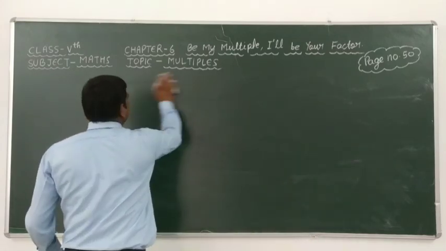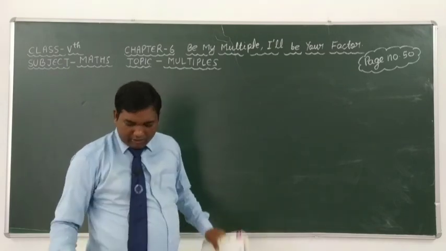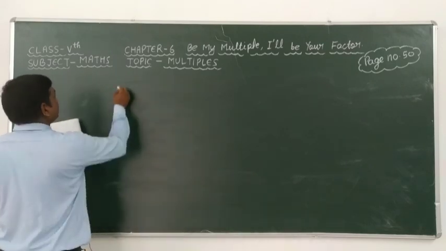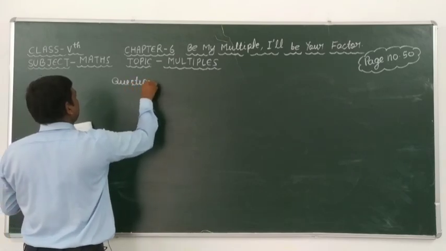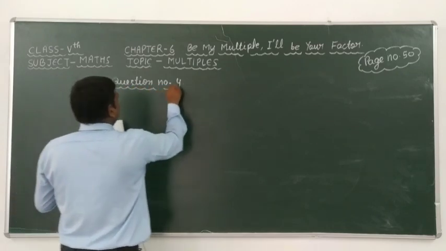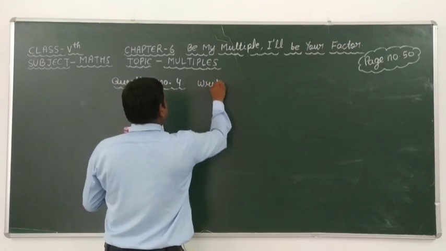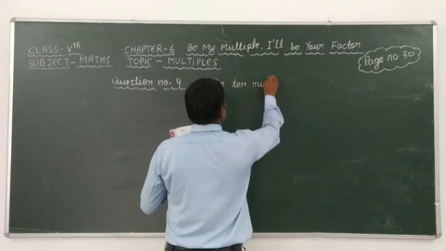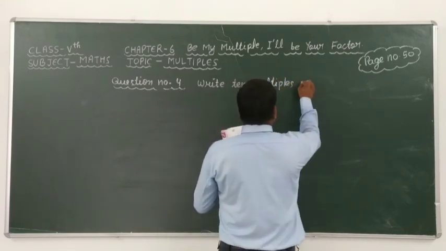Question number 4. Write 10 multiples of each number.